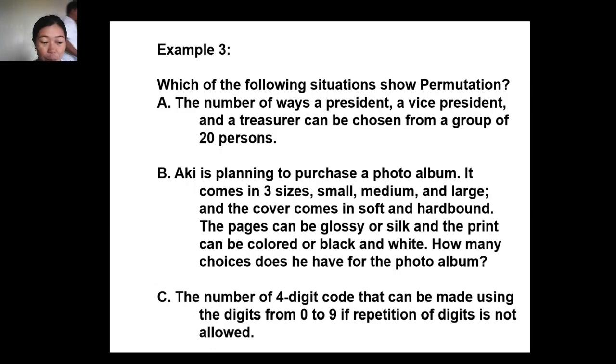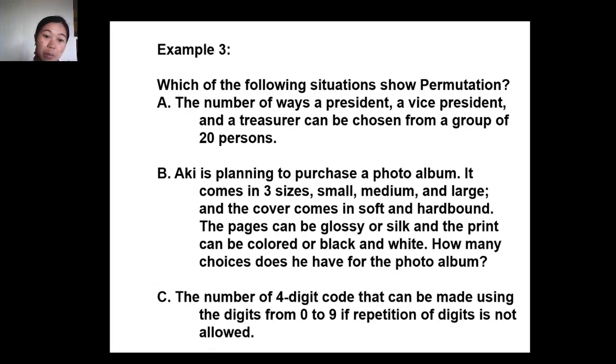So, hindi importante ang arrangement for letter B because ang gagawin mo lang is to choose from the given sizes, then choose from the given cover, then choose what kind of pages, and what kind of print.